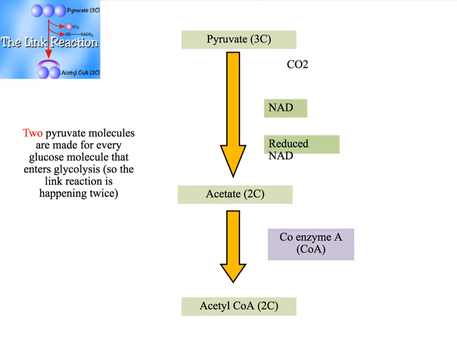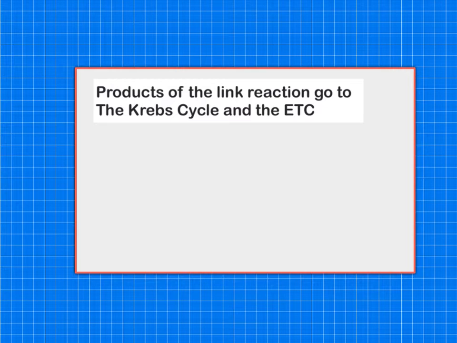So just to recap, related to the link reaction, you need to remember that there are 2 pyruvate molecules for every glucose molecule. So this link reaction will happen twice, and that's important to remember. The products of the link reaction go to the Krebs cycle and the electron transport chain.